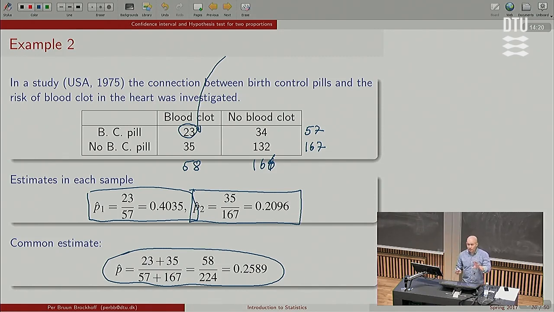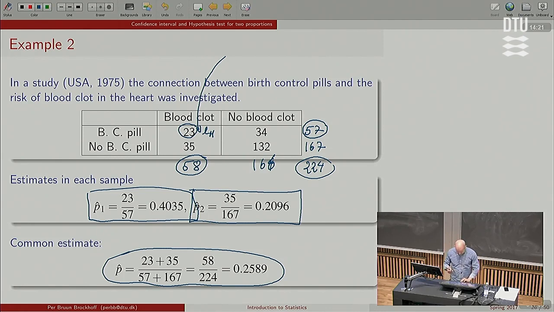How do I construct it manually? To construct the expected value E11, I take the row total times the column total divided by the overall total. If I take 57 times 58 divided by 224, that gives me the expected value.